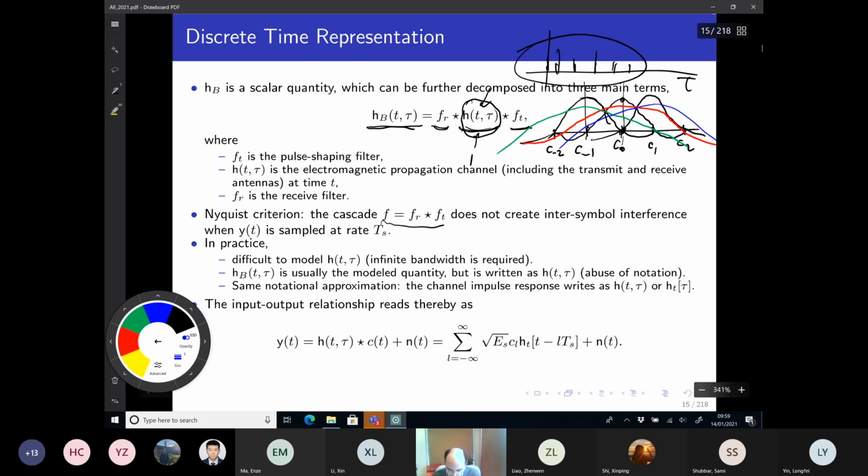I'm sorry, it's always easier to do this on a board, but what that means is that if you look at this point here, and I sample at this time, my symbol 0 is encoded into this waveform, but I am also corrupted by the blue one and the green one. So when I look at my observation at time 0, I have the information from C0, but also interference from the symbols C minus 1 and C1.